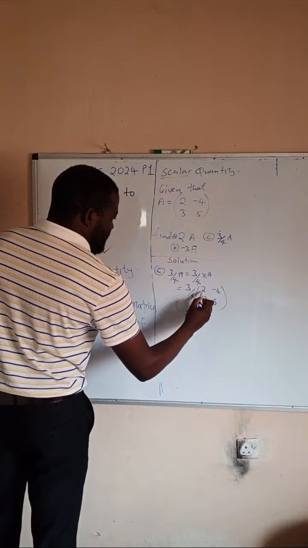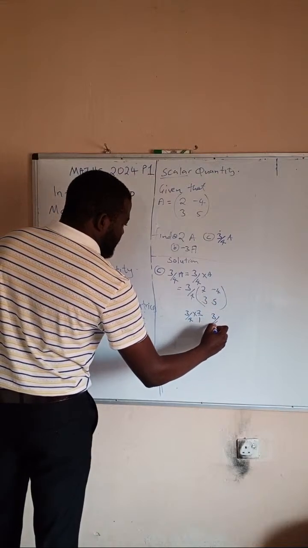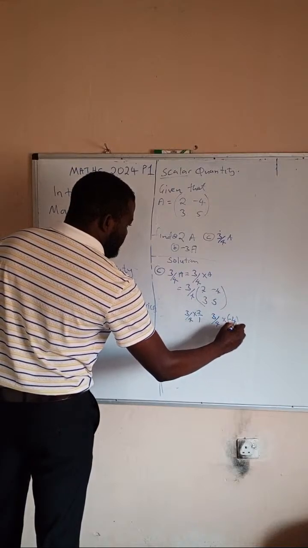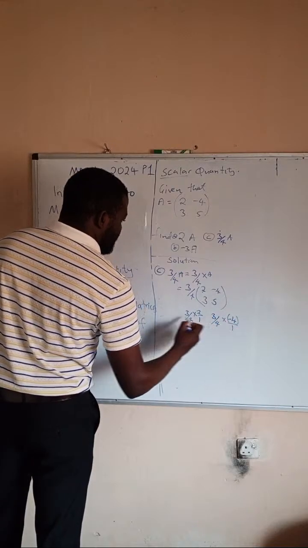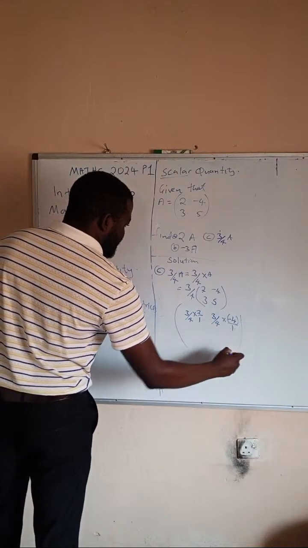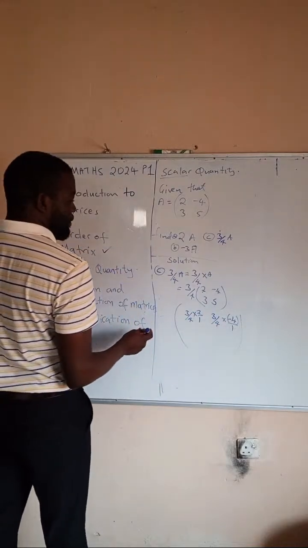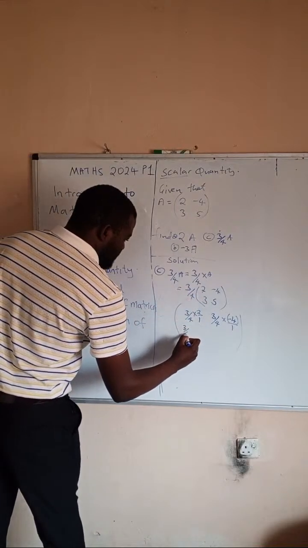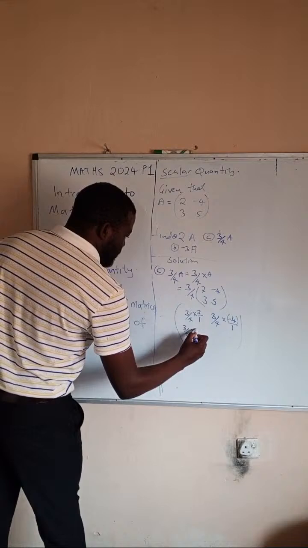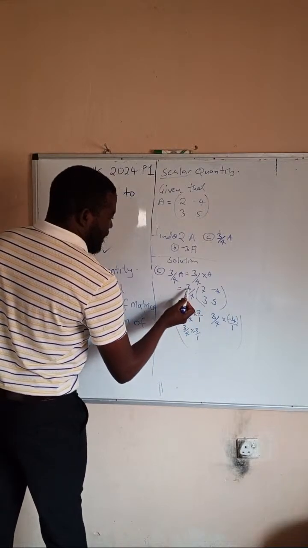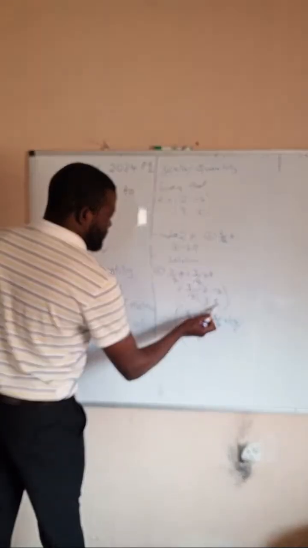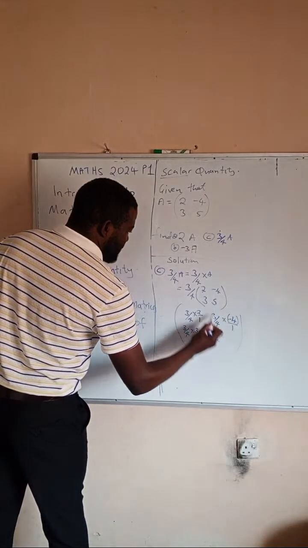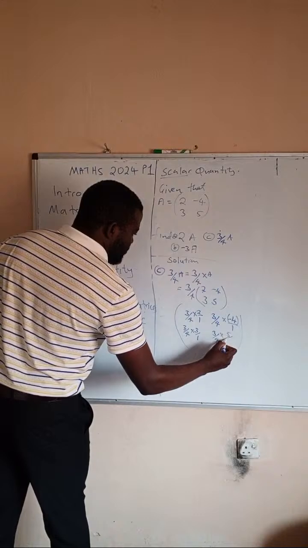We are done with this multiplication. Again, 3 over 4 times negative 4 over 1. We are done with that. Then 3 over 4 times 3 over 1, and again 3 over 4 times 5 over 1.